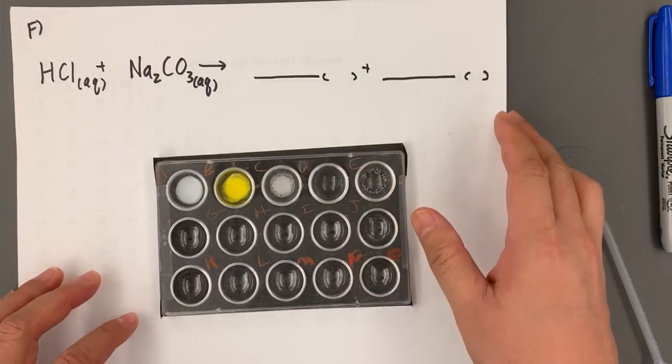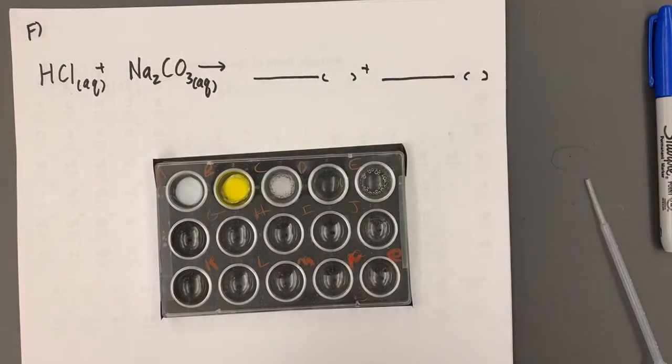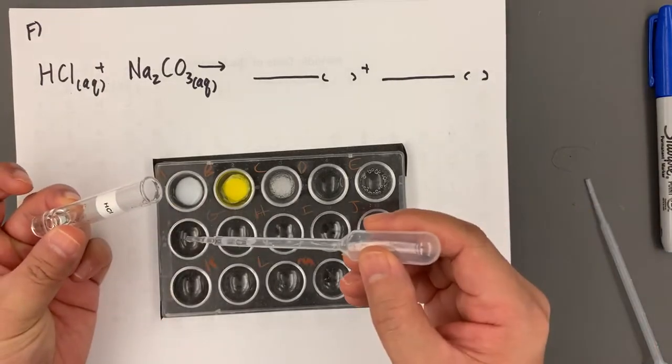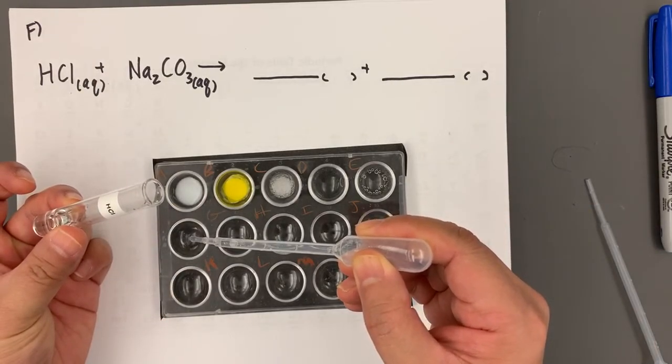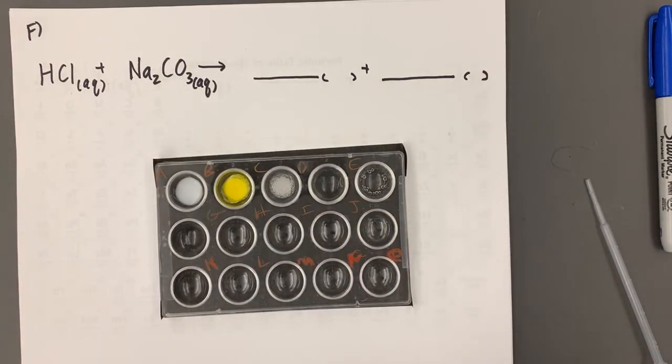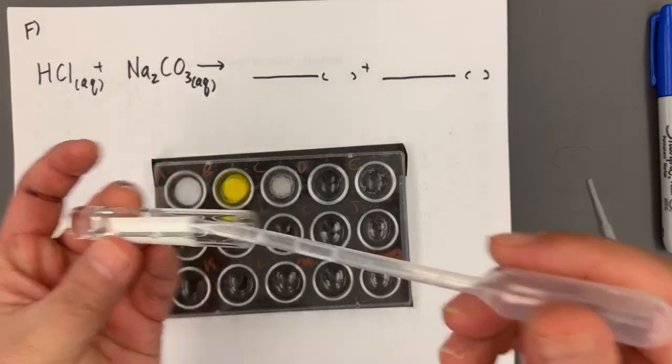Next one, you have HCl. That's this one, and again, it's a colorless solution. And sodium carbonate, which is also a colorless solution.